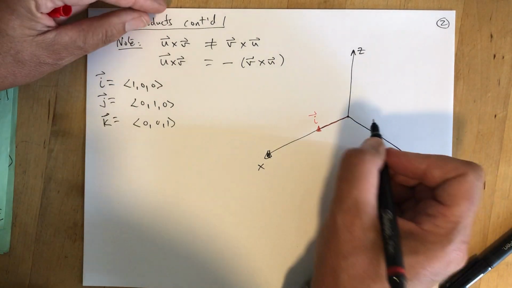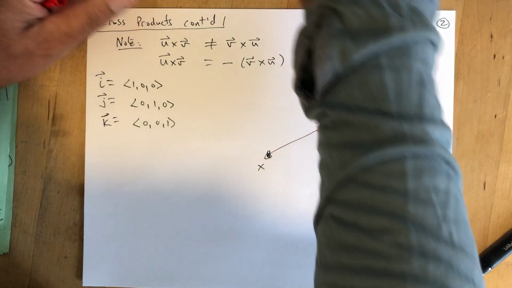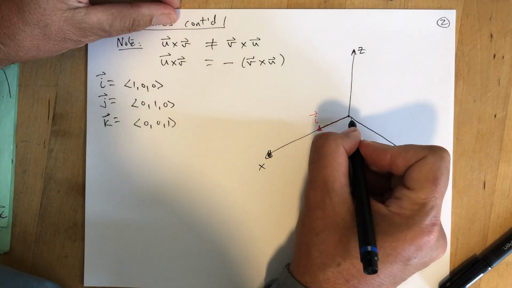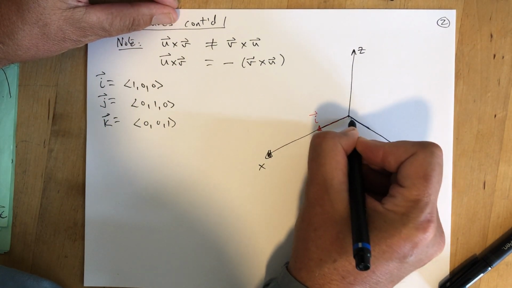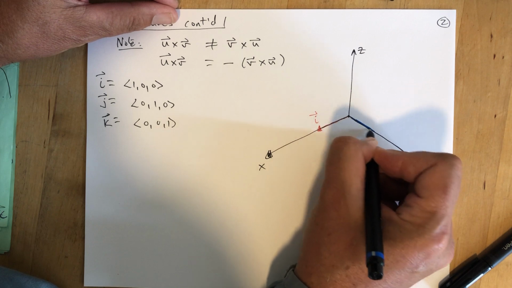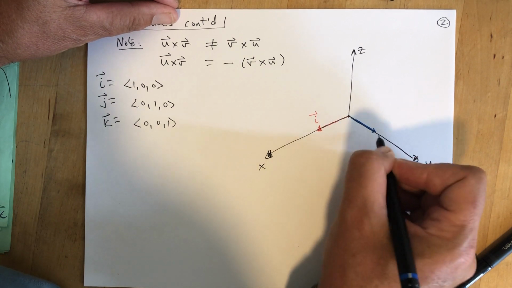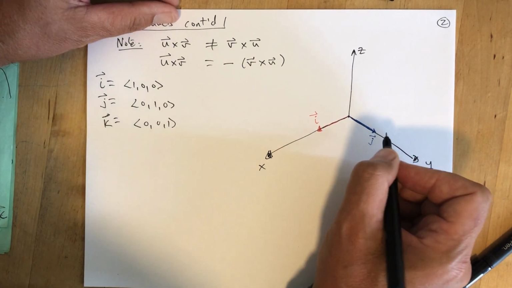Right? Here's the vector. Oh, I got some colors here, some blue. Here's the vector J. It's not going to show up very well, but there it is, the vector J. That guy lies on the y-axis.